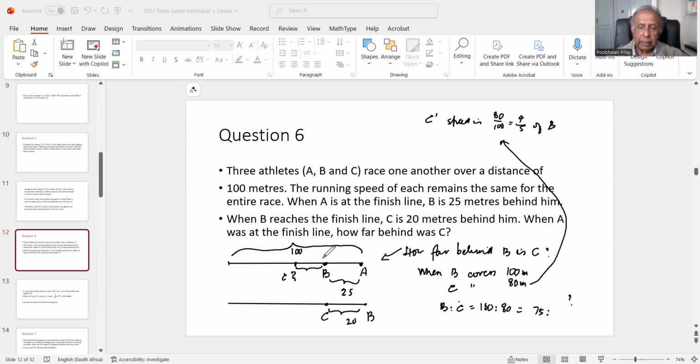So when B covers 80, we want to know about this here. When B covers 80, C covers 4/5 of 80. So that is 5 goes into 80 16 times. 16 times 4 is 64. So in other words, C has done 64.